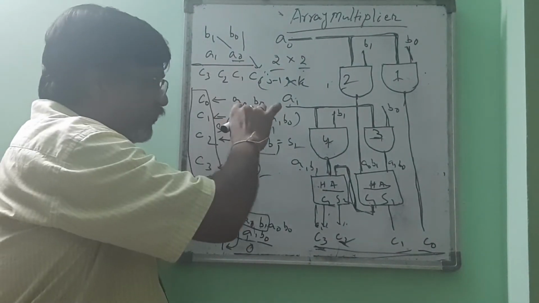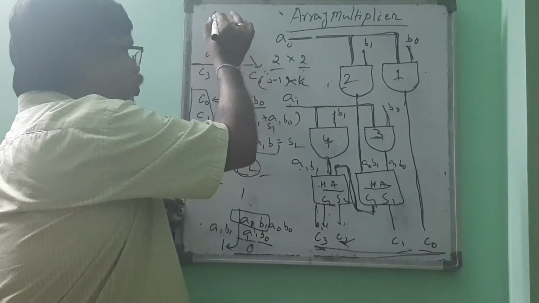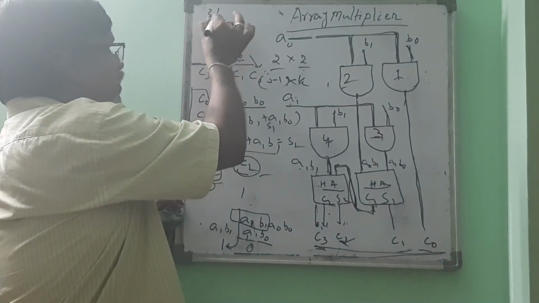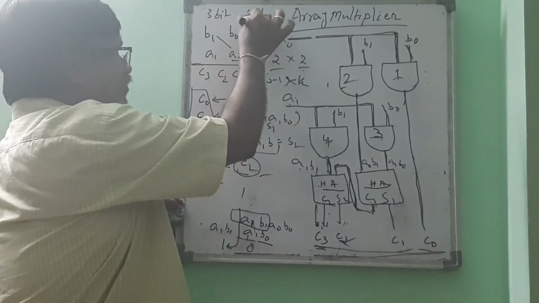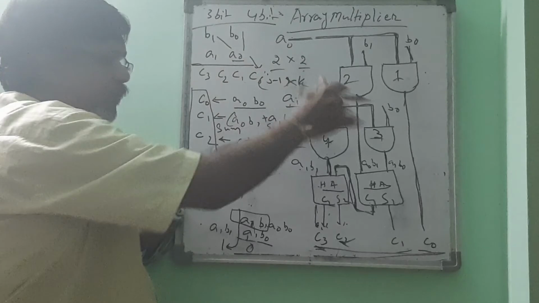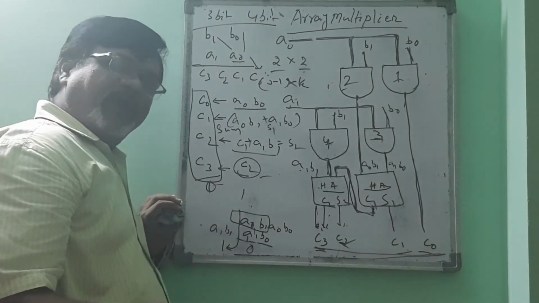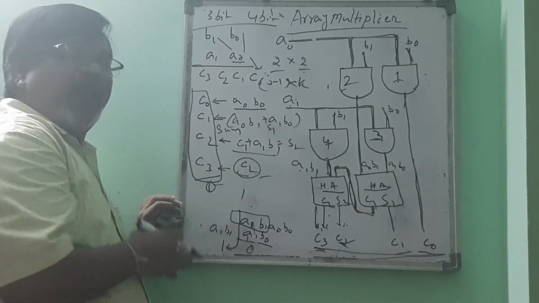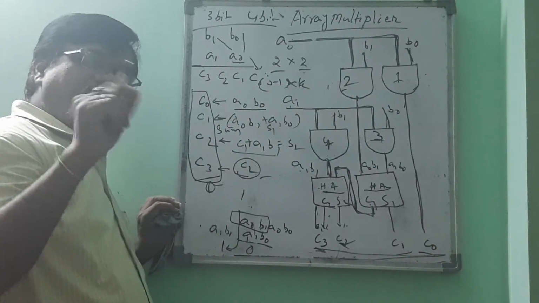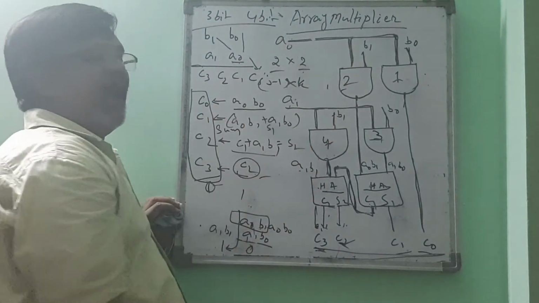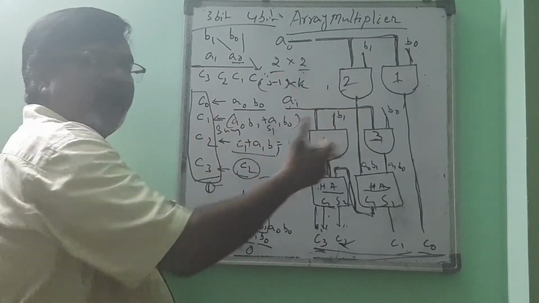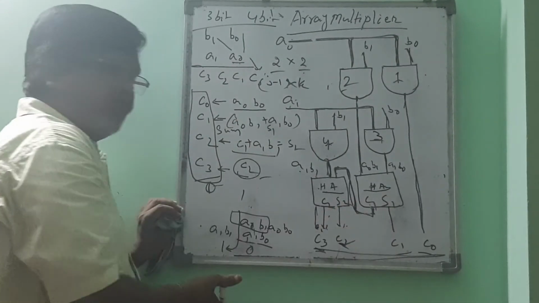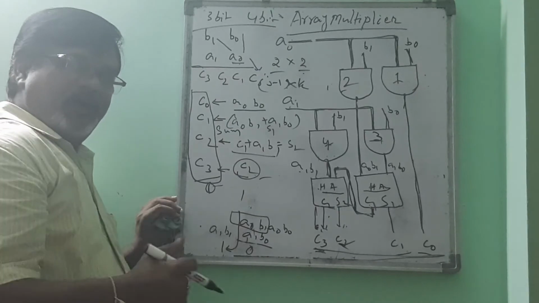So if we take 2 inputs, one is a 3-bit value and the second one is a 4-bit value, will the same procedure be applicable or not? If we multiply a 3-bit binary number with a 4-bit binary number, how many AND gates are required, how many adders are required, and what is the number of bit positions of the final result?